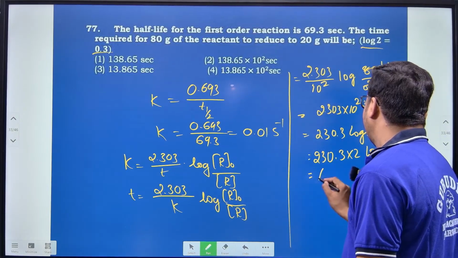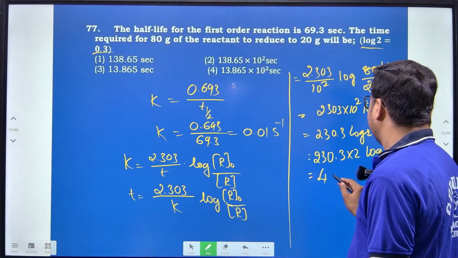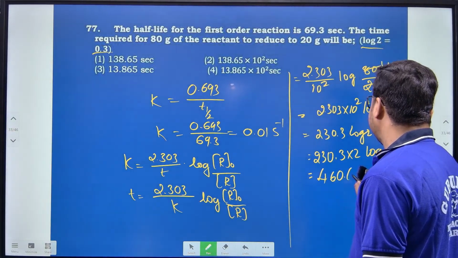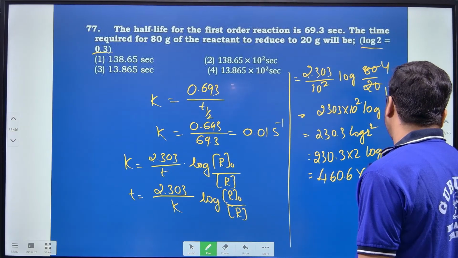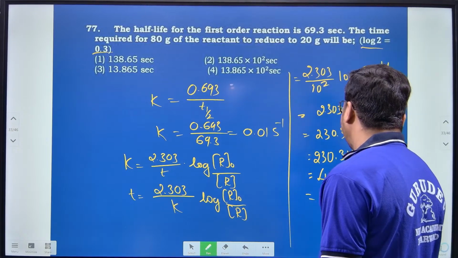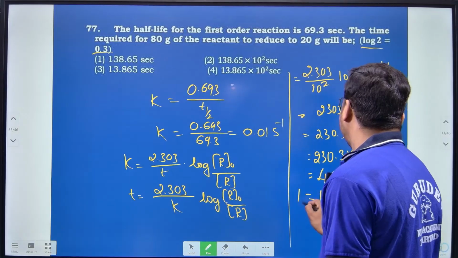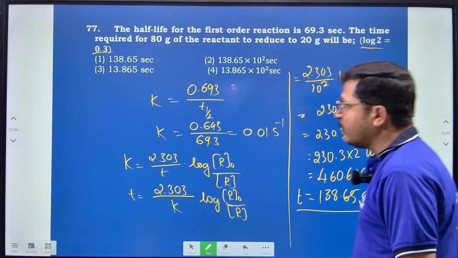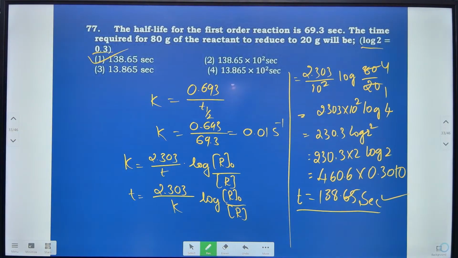This becomes 460.6 into 0.3010. This becomes 138.65 seconds. So the right option will be option number 1.